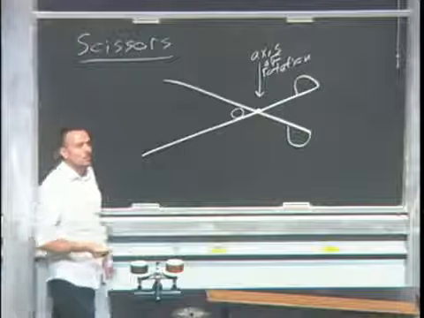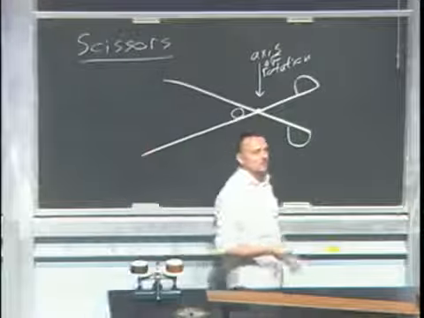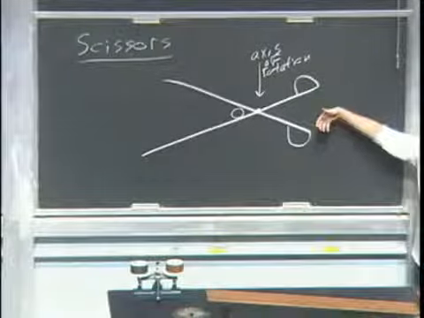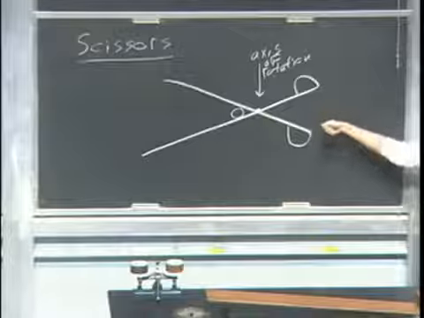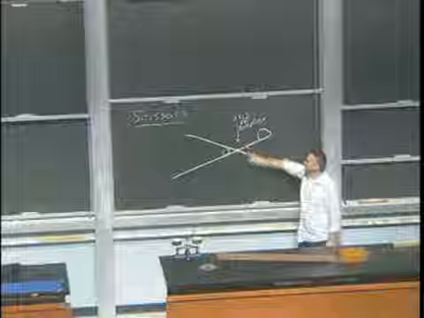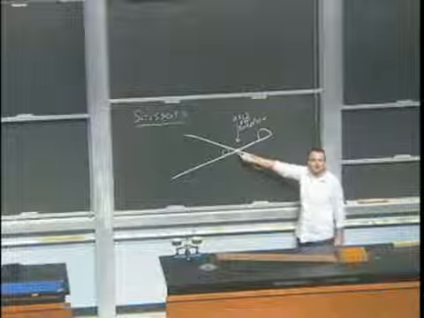Well, they work through the application of torques. You are grabbing these scissors with your hand, and you are trying to squeeze them shut. So what you're doing is you're applying a torque to both of these blades around this axis of rotation.